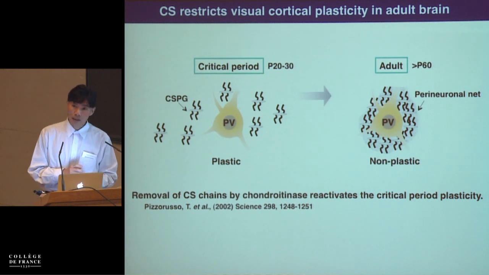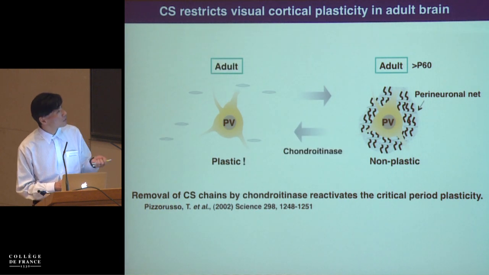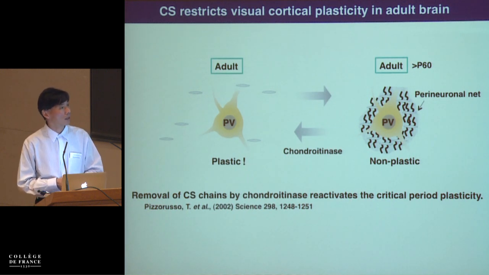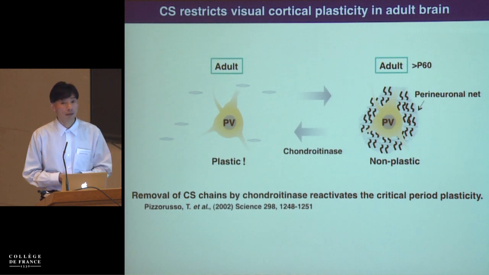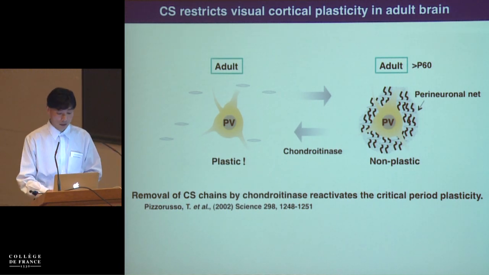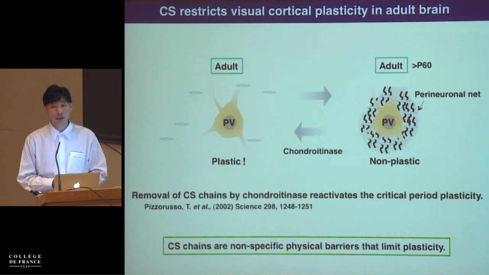Tommaso already mentioned that. Removal of the chondroitin sulfate chains by chondroitinase reactivates critical period plasticity. Based on this result, many researchers have believed that chondroitin sulfate chains are non-specific physical barriers that limit plasticity.